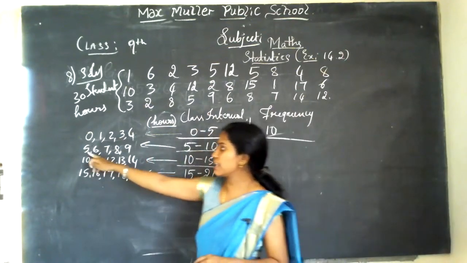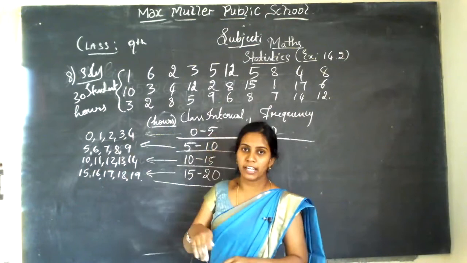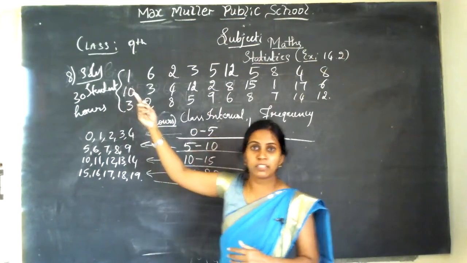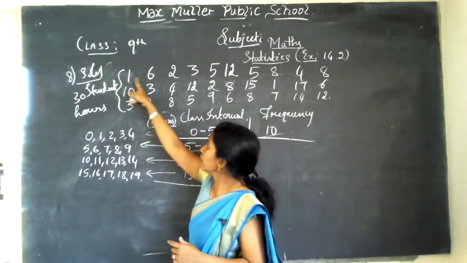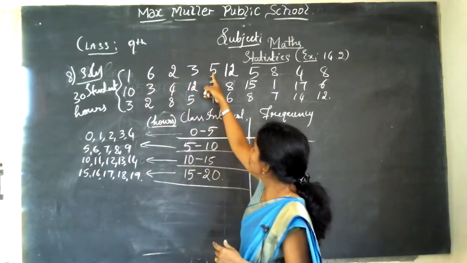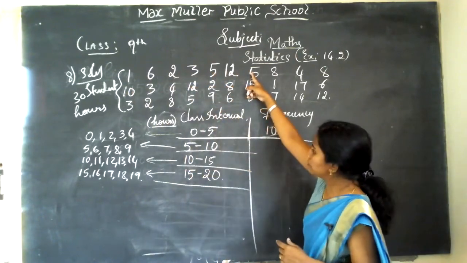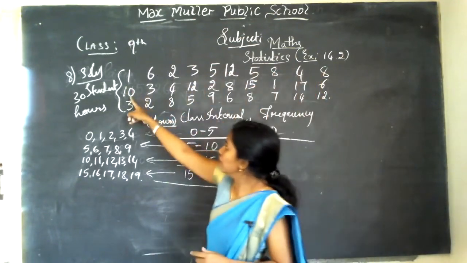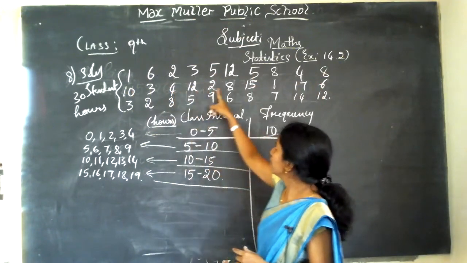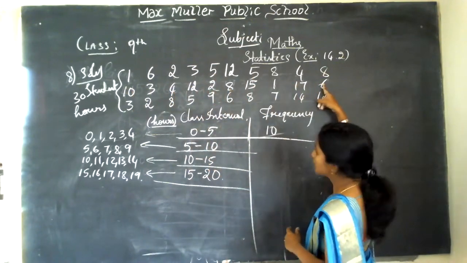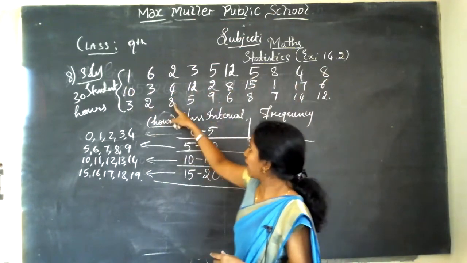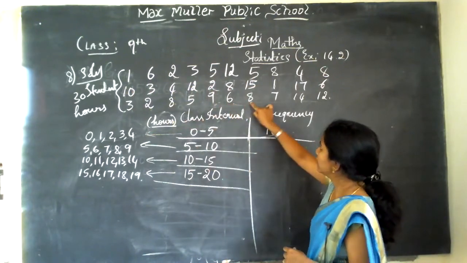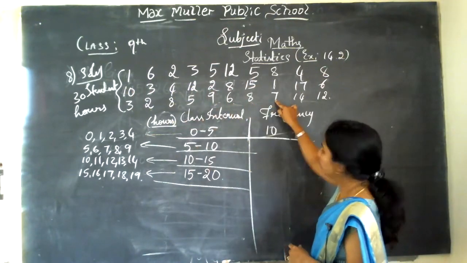So search for these numbers 5, 6, 7, 8, 9 in the given data and count them. If a number is repeated, you have to count it. Again, you have to start from the first row. 1, 2, 3, 4, 5, 6, 7, 8, 9, 10, 11, 12.